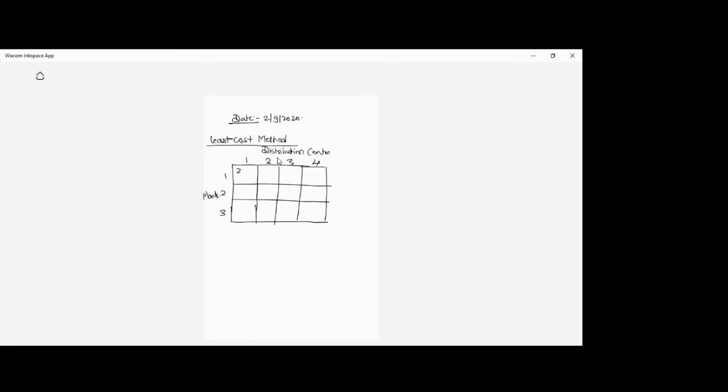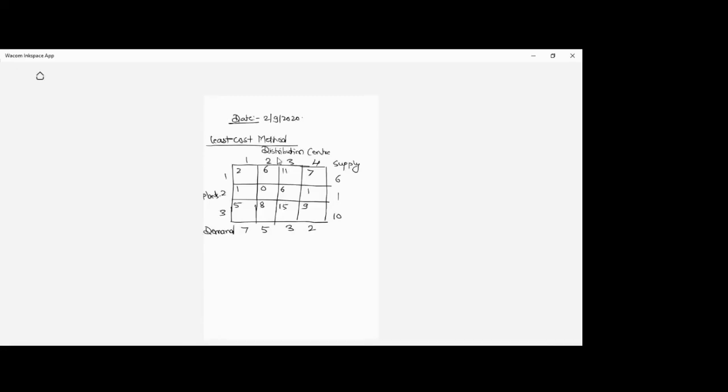Right, so the unit cost is known. We also know what the supply constraints are. We also know what the demand constraints are. Right, so 7, 5, 3 and 2. So this was the numerical that we have, and now with the least cost method we are going to allocate the values in these cells.